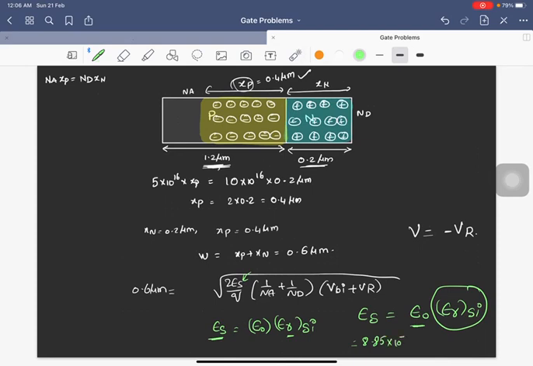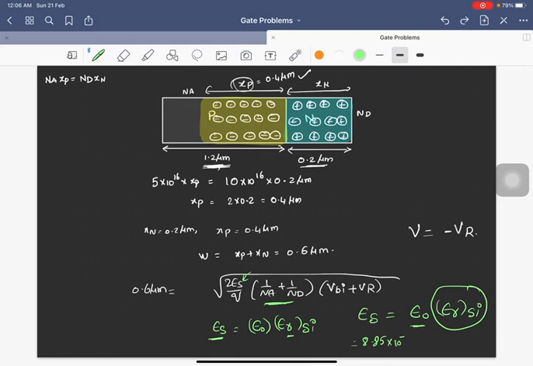But to convert into per centimeter, I think there is no need to convert. Because Na and Nd are given in centimeter cube, you can either convert Na and Nd into meters, or convert all the other terms into centimeters. I think it is easy to convert Na and Nd into meters, and the remaining things are already in meters.